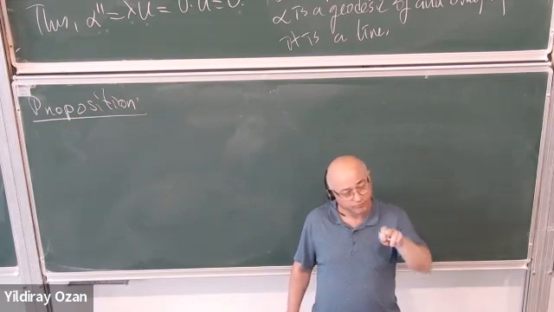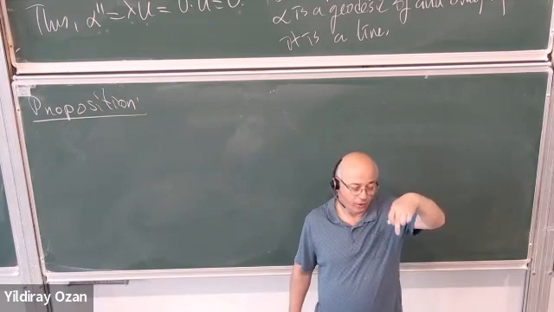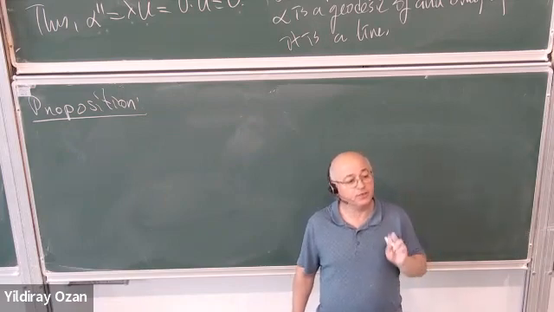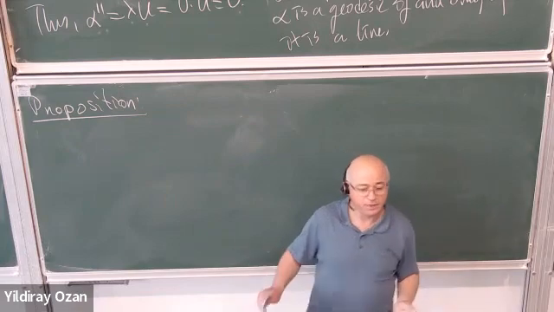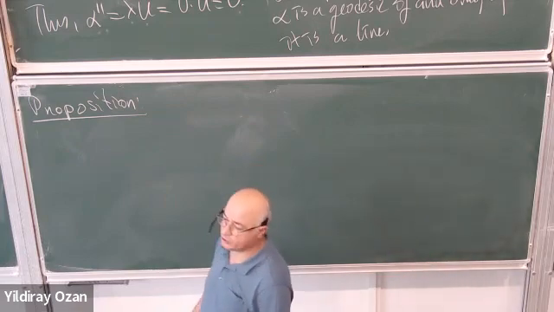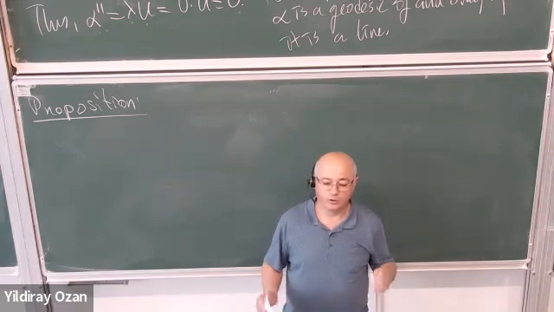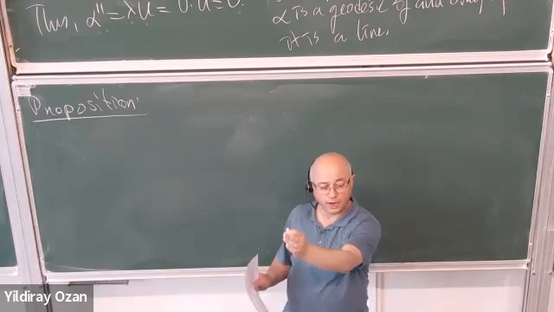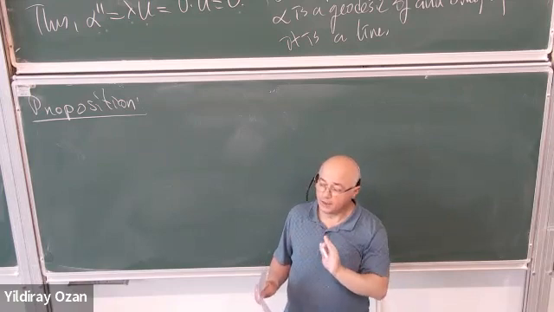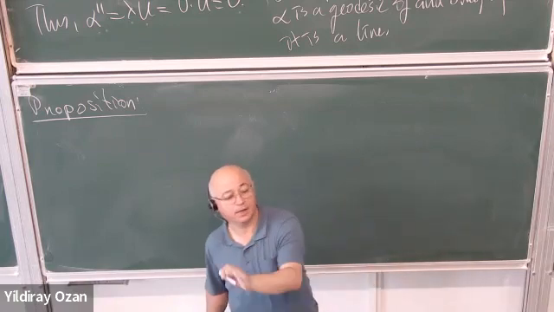Actually, through every direction at a point there passes a unique geodesic. So there are many geodesics. In other words, if you want to go in a certain direction, then there is a shortest path in that direction, okay?